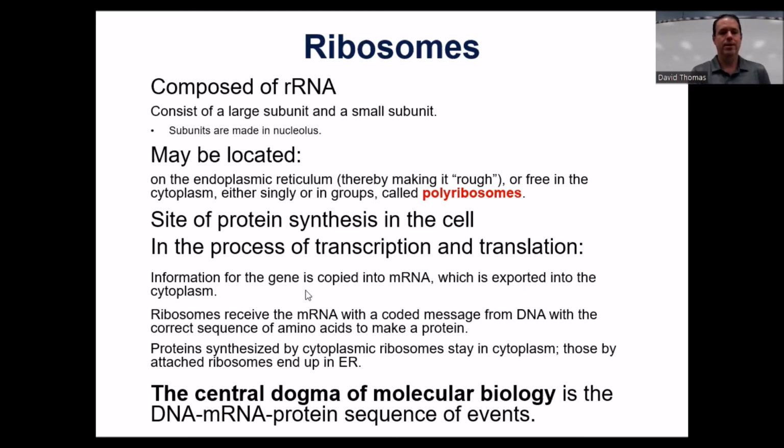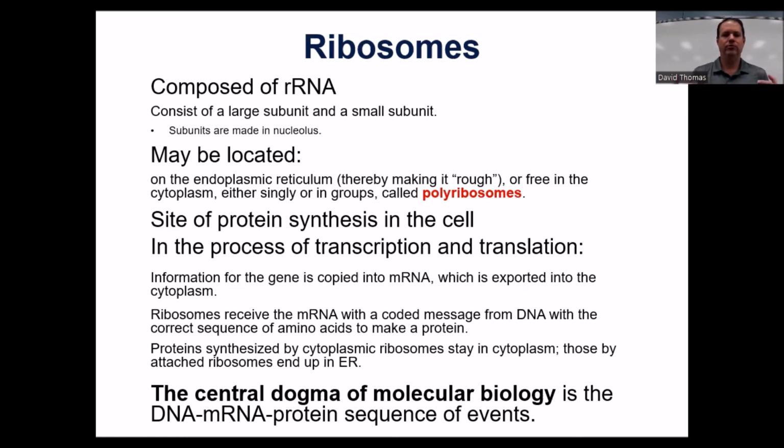That's a membrane type structure inside of the cell. So many times they're located there. That gives the endoplasmic reticulum a rough appearance because these are little small organelles, and it looks like that membrane is dotted. It gives it a textured appearance.